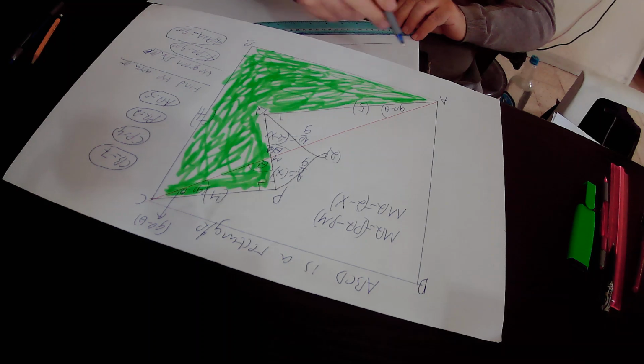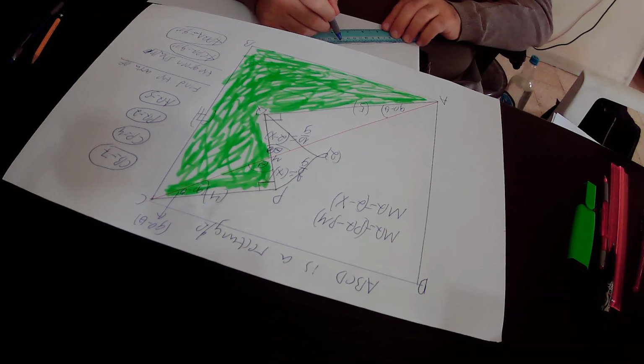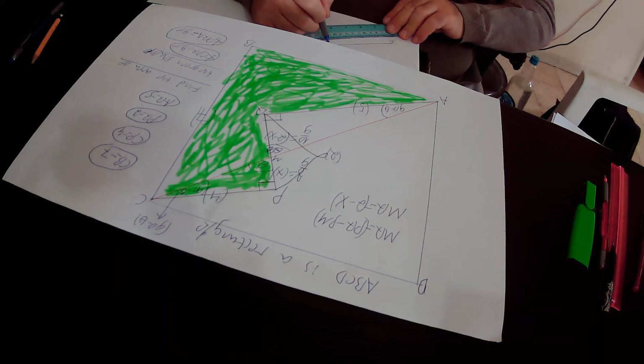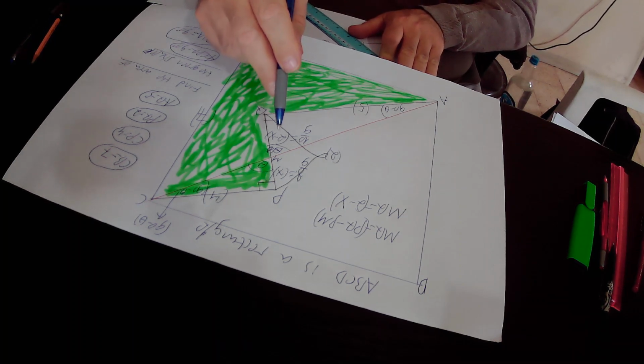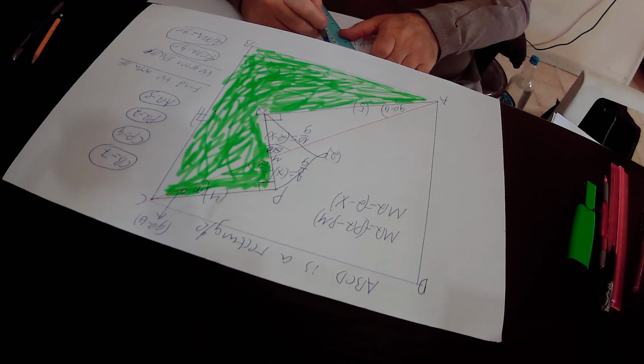Side AQ equals 5 units in its length, according to what is given in the question. Side QP equals 2 units.